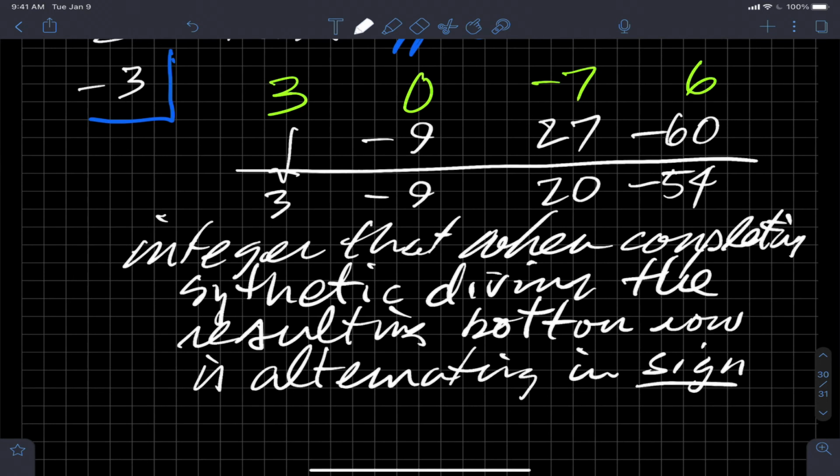So plus, minus, plus, minus, plus, minus, or minus, plus, minus, plus, minus, plus, doesn't matter. And this one, in fact, matches that, right? Here's plus, here's minus, here's plus, here's minus. The signs of our numbers in this bottom row are alternating.